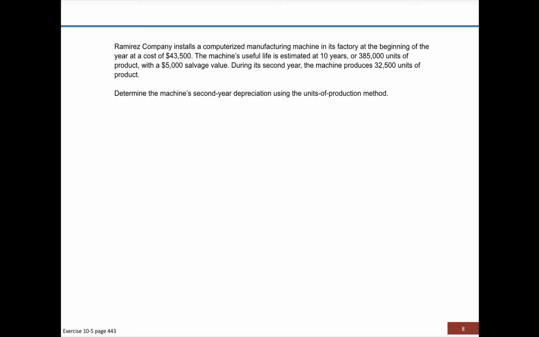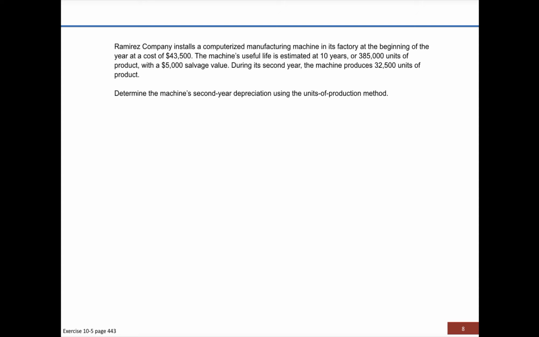Okay, so now, similar scenario here, but we actually are concerned with units of production. So the fact that we have that in there is important to us. But for this question, the useful life estimated at 10 years would be your red herring, because we don't really care how many years we estimate the useful life at if we're using units of production as our depreciation method.